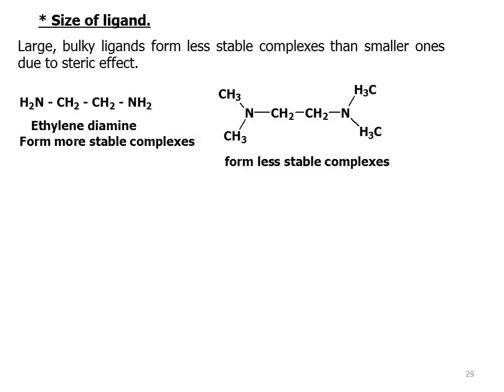The size of the ligand: the large, but not very large, bulky ligands form more stable complexes than smaller ones. Here we can see the ethylenediamine easily donating the electrons, forming stable complexes, while here the steric effect doesn't give much space or freedom for a complex to be formed.